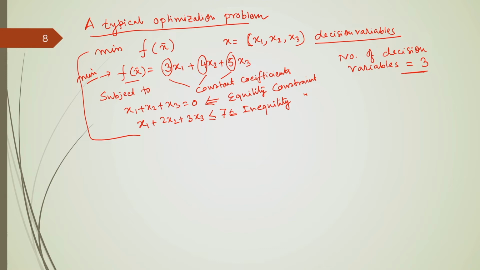Also this objective is to be minimized under these two constraints. One is an equality constraint, another is an inequality constraint. So, this is an example of a typical optimization problem.